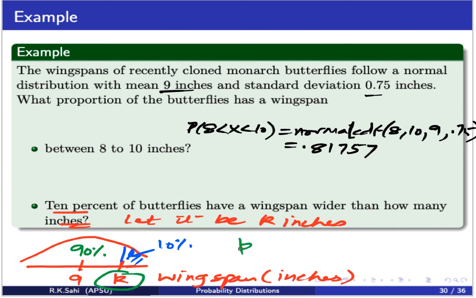If you remember the formulas, k is invNorm. Most of us will have a calculator a little older than the one I have here. So when you write it down, you'll be writing 90%, so it's going to be 0.9. Then you write down the mean and the standard deviation, that's 9 and 0.75, and you get the answer.